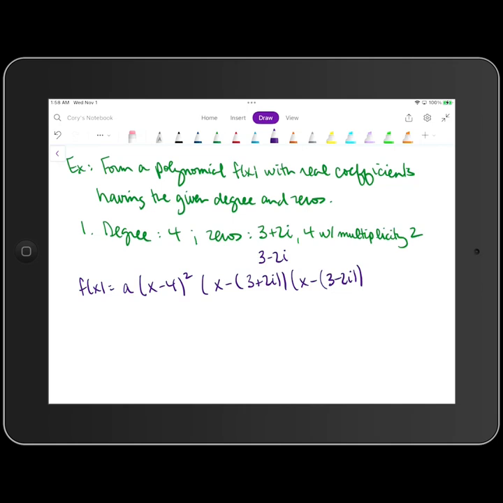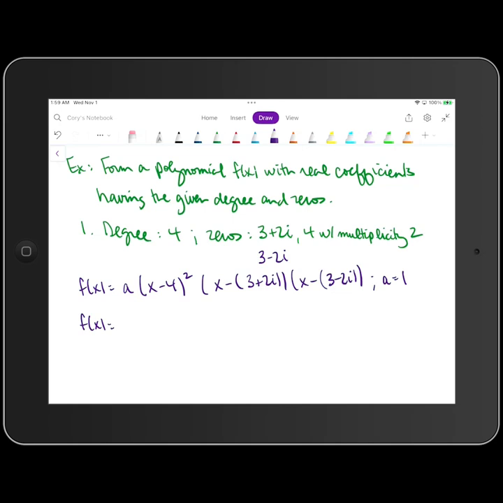functions, I can multiply out front by a, and that's not going to affect the location of the zeros. However, I don't want to multiply a in at the very end, so I'm going to go ahead and choose to make a equal 1. Okay, all right, so let's figure out what polynomial results whenever we multiply all this stuff out.